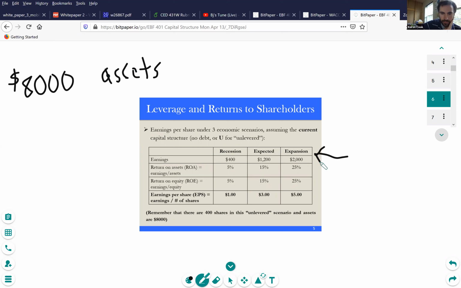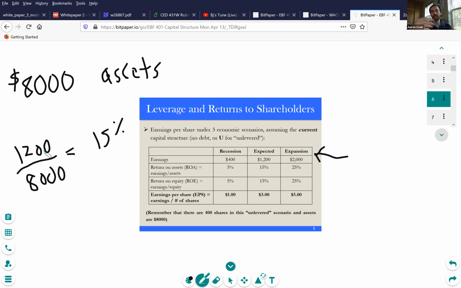So if you have earnings of 1,200 and your assets are 8,000, then that's 15%. You're earning 15% of your assets in this particular year in which you're operating and conducting business.